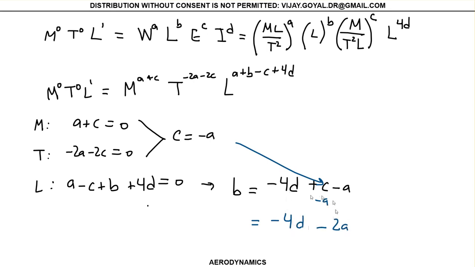So now we will take this and plug it back inside here and see what we have. Let's go to the next page. Now we have delta is equal to W to the A, L to the B, E to the C, I to the D. So let's replace.